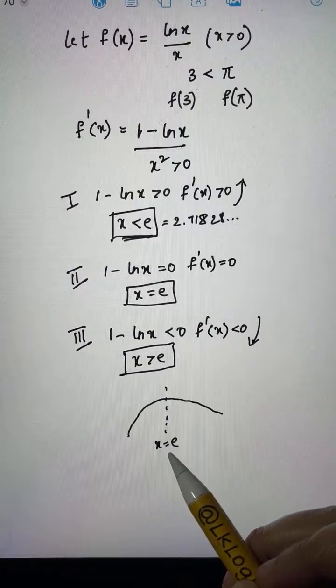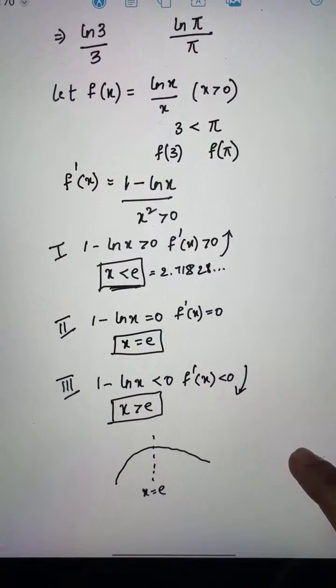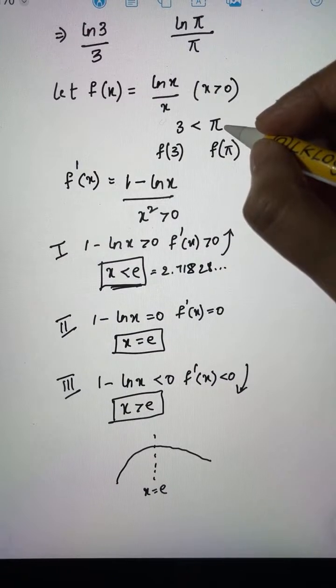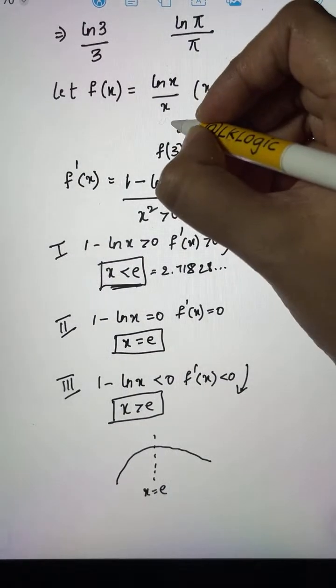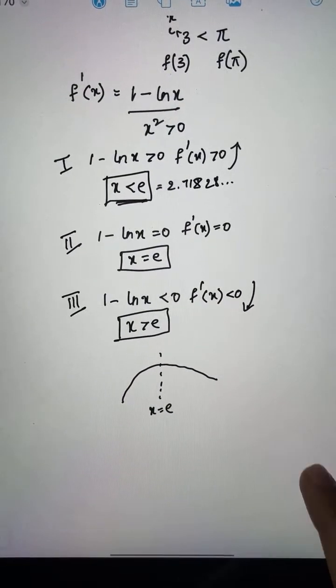Since 3 and pi both are greater than e, I'm going to write that down: both are greater than e. So here we have 2 points.